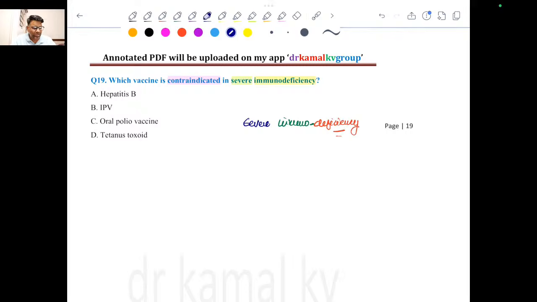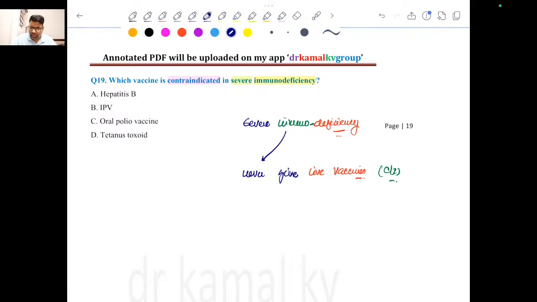I think most of you must be knowing this. Very good, Gaurav, very good. When there is deficient immunity, never give live vaccines. So never give live vaccines, so it means they are contraindicated.